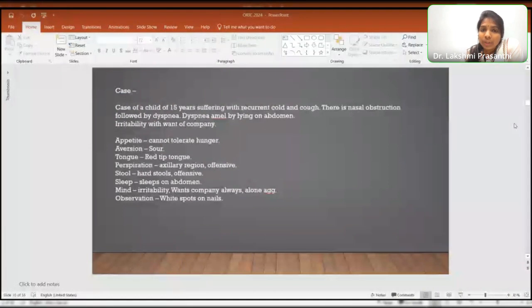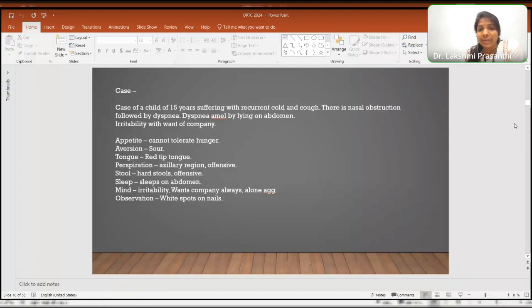And when asked about the general symptoms, then the appetite was normal, but he couldn't control his hunger. He used to get a lot of gastric complaints. There was great desire for everything, but aversion to sour was specific. On examination, red tipping was visible. Other than that, white spots on nails were seen.